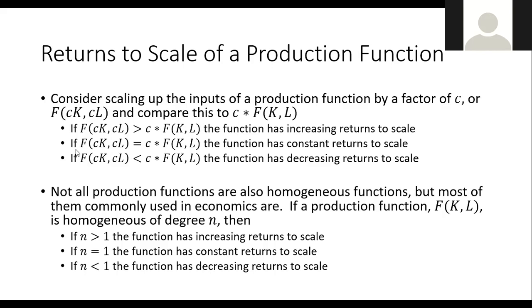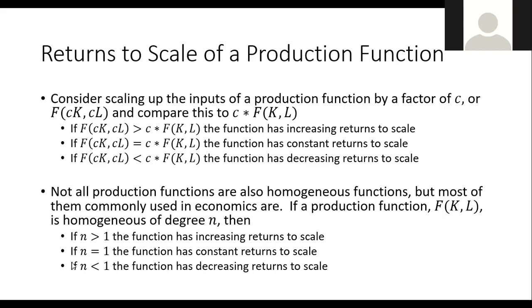Constant returns to scale is when you get exactly C. If I multiply my capital by C and multiply my labor by C, I'm equal to multiplying my output by C. That's called constant returns to scale. And then the last one is decreasing returns to scale. If I double my inputs I don't quite get double my outputs. That's called decreasing returns to scale.